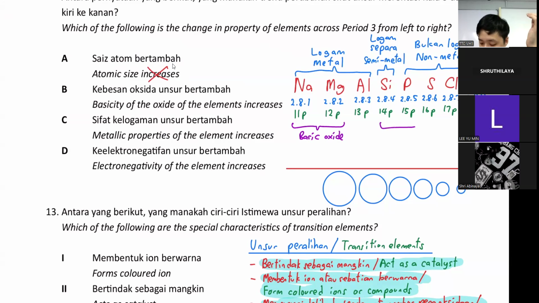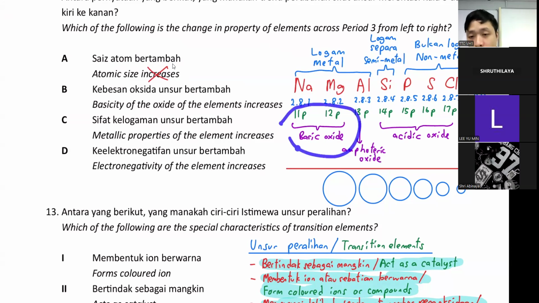The last ones, 14, 15, 17, can form acidic oxide. 13, special one, is called amphoteric oxide. Yeah, so you see, it goes from basic until no basic. Basic means like alkaline oxide. So it does not increase, it decreases. Wrong.